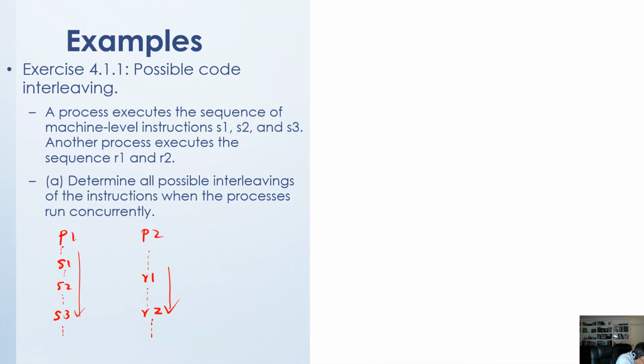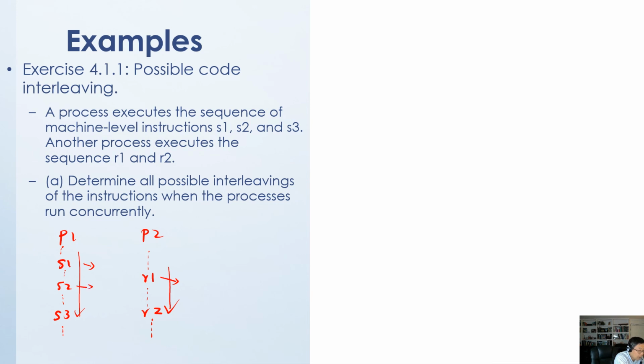Now, the problem is to determine all possible interleavings of the instructions when the two processes run concurrently. So it's possible that process 1 executes S1 and then R1 executes before S2, right?